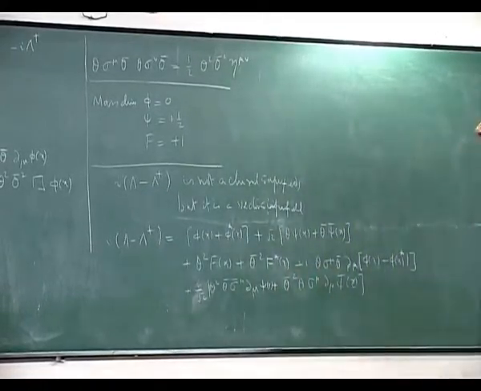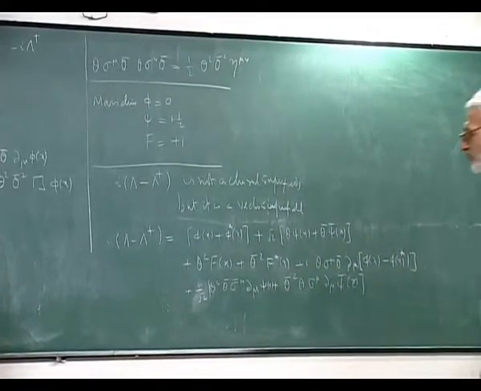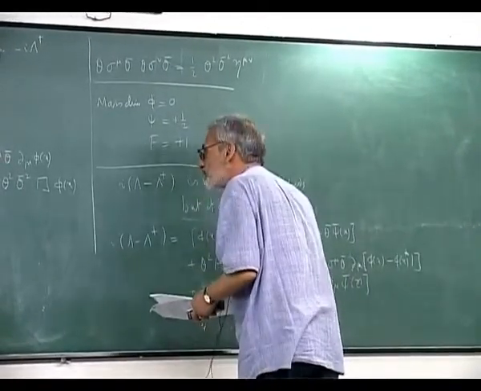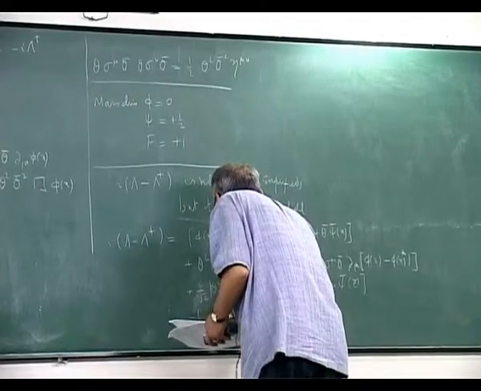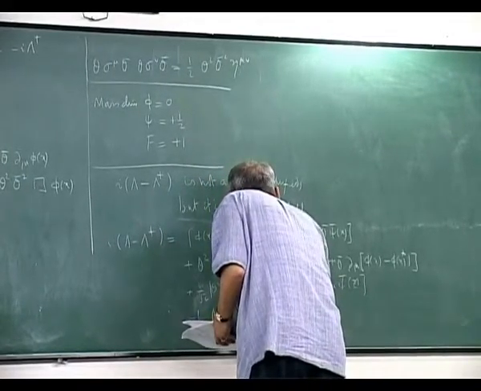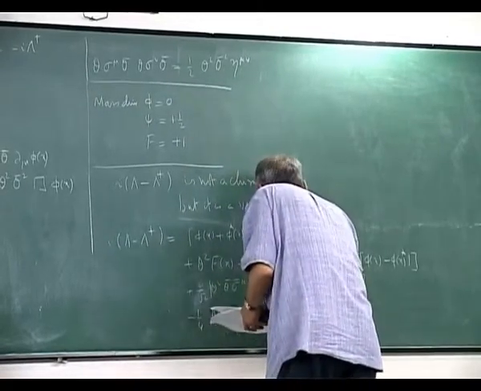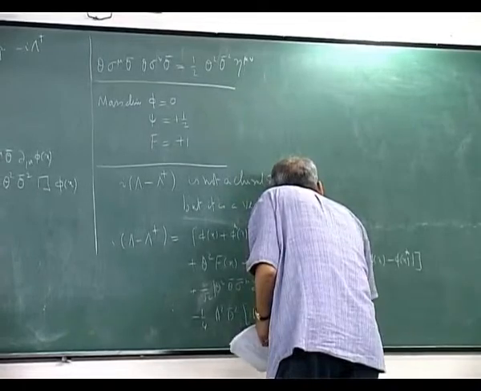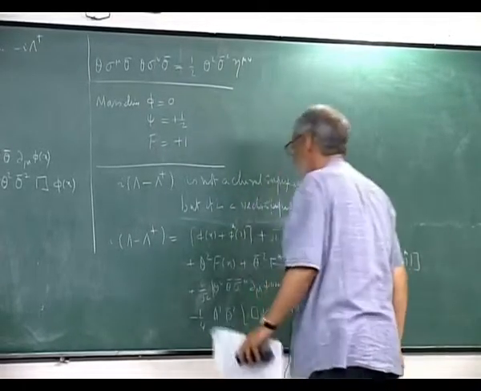That is the 3 theta term. And the 4 theta term, minus 1/4 theta square theta bar square, box phi(x) plus box phi star(x).